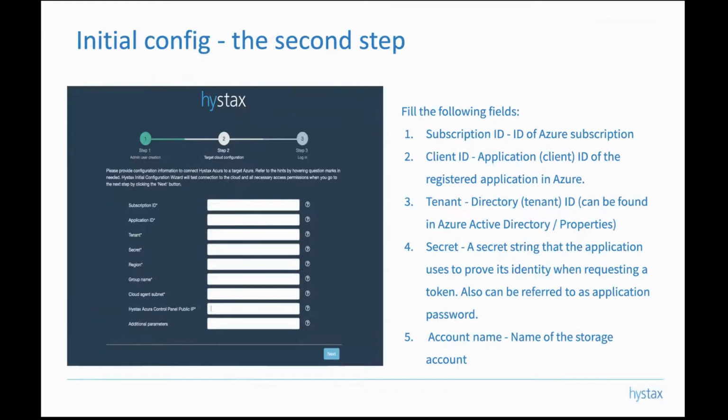One of the steps for Azure is to register an application with the contributor rights for Azure, and during this process you'll get the application ID and the tenant ID, as well as the secret that will be used to access the APIs of the cloud.